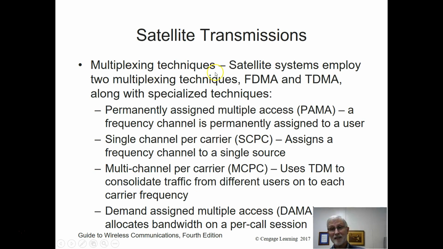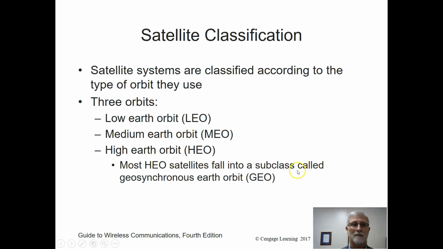Now, multiplexing techniques basically imply two: frequency division multiplexing and time division multiplexing. And then there's the access methods, which are outside the scope of this class, but basically there are four basic ones being used, from permanently assigned to demand assigned multiple access. So you've got different choices, but they're definitely outside the scope of this class.